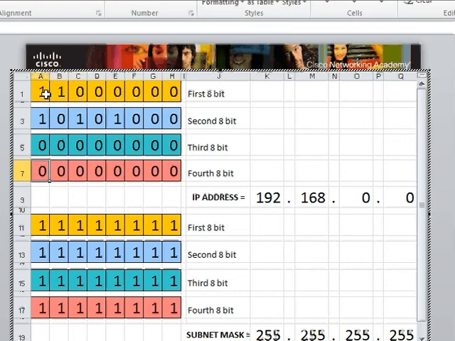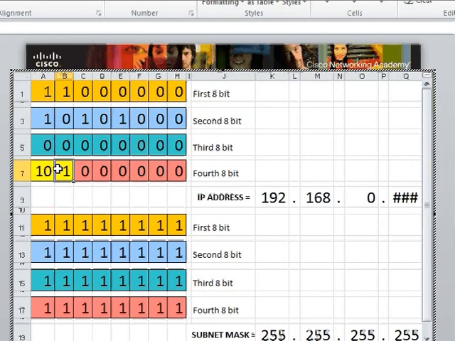Now these 2 bits I have borrowed, so I will get all possible combinations of these two: 00, that is 192.168.0.0, the next combination is 01, that is 64, 10, that is 128, and 11, that is 192.